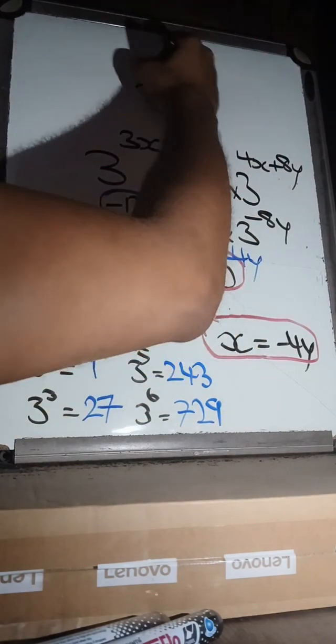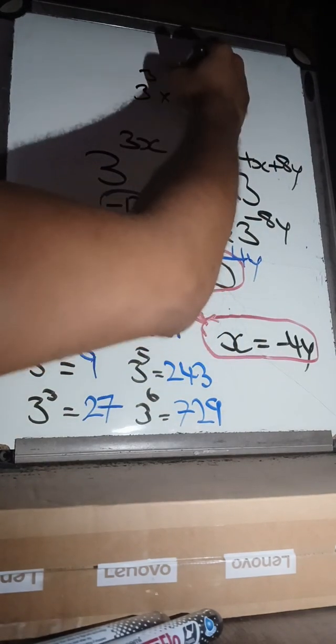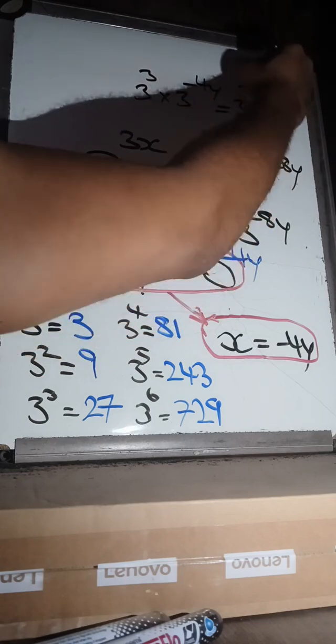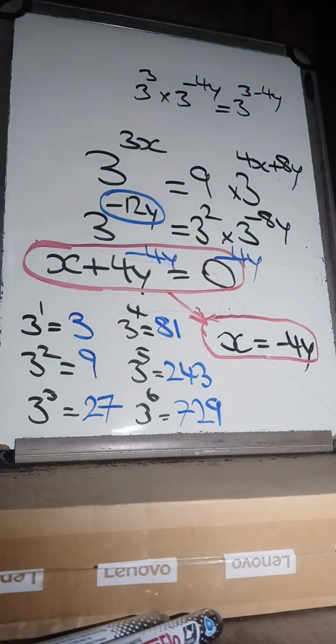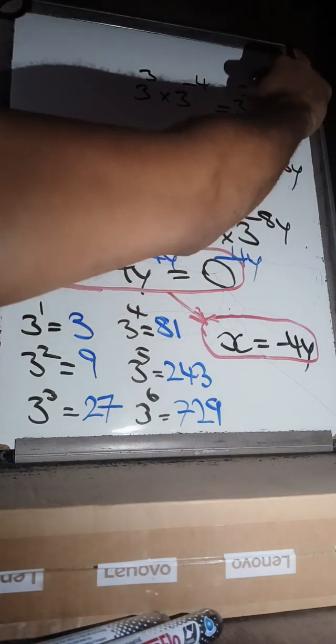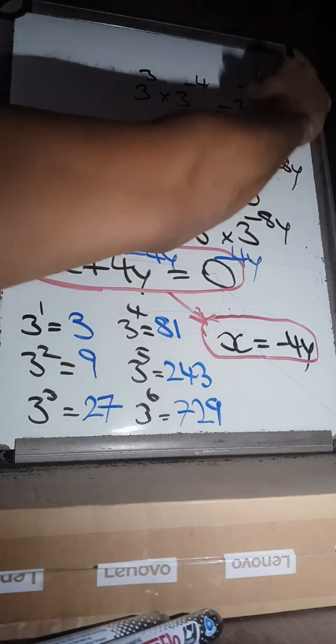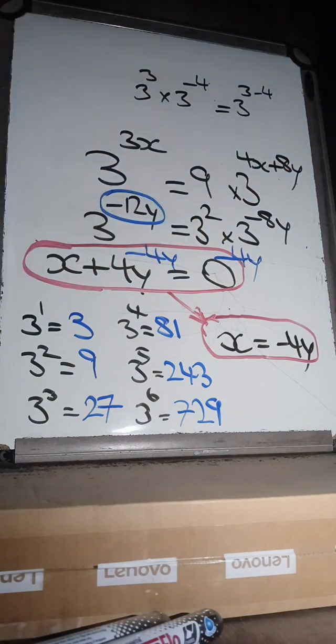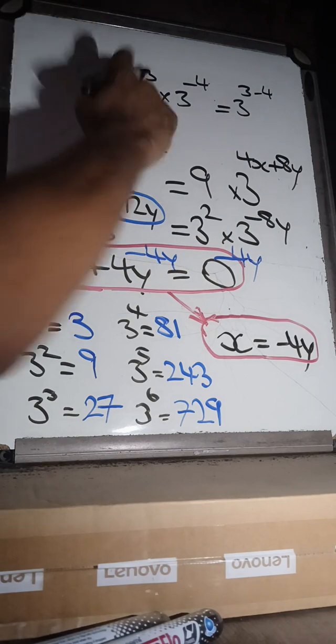Now, similarly, if you had 3 to the 3 times 3 to the minus 4y, it would become 3 to the 3 minus 4y. And in simpler terms, it could have been this, resulting in 3 to the 3 minus 4, right? So if we follow those rules, then we're okay.